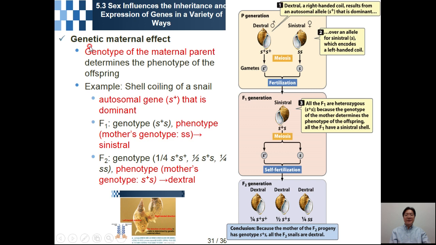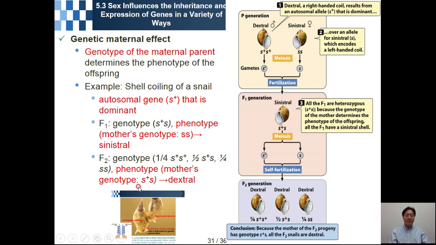So this is the genetic maternal effect. The genotype of the maternal parent determines the phenotype of the offspring. For example, in this case, ss was the genotype of the maternal parent, and in the F2 generation, S plus S was the mother's genotype.